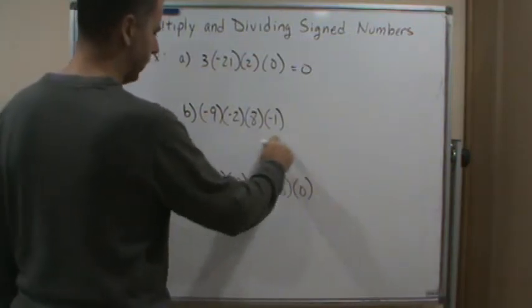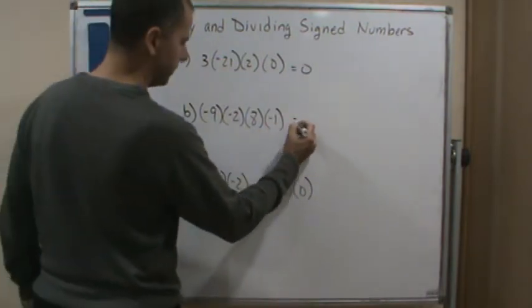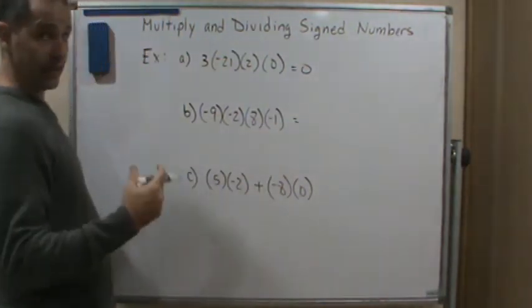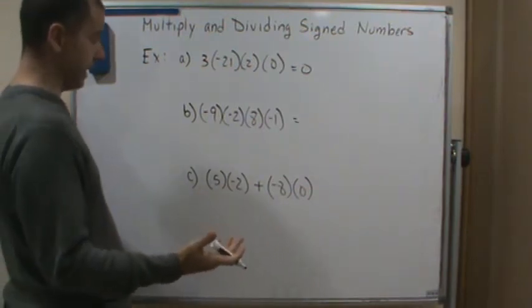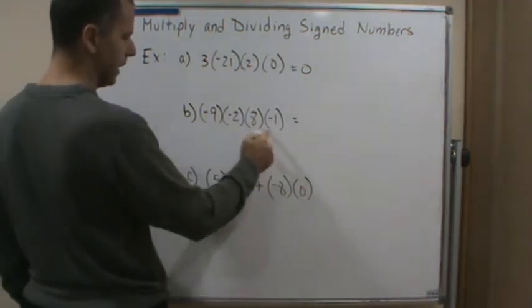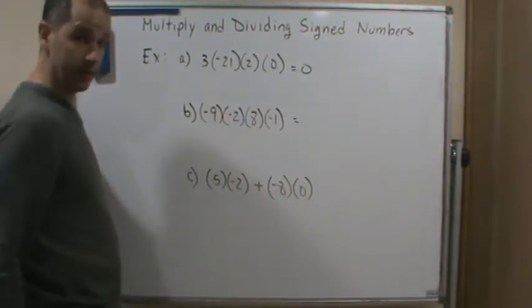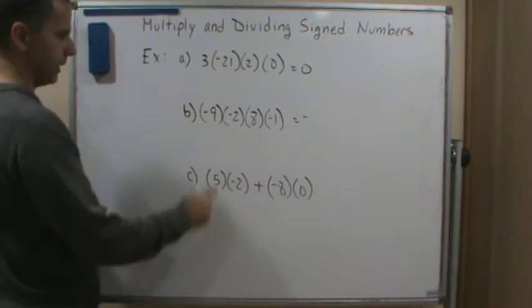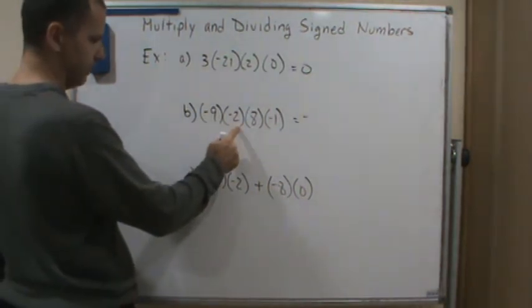Okay, now what about this one here? Well, look at this. We've got 3 negative signs, so the answer has to be negative. So now I'm just going to multiply these as if they were positive and then keep the answer negative. So we got 9 times 2 is 18.